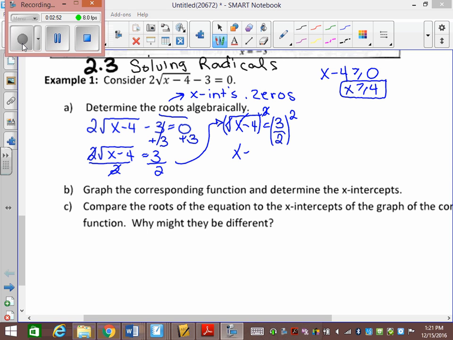So we get x minus 4 equals 9 over 4. And then we add 4. So you get x equals 9 over 4 plus 16 over 4, because you're going to have to get a common denominator. You're going to have to multiply this by 4 over 4. And then you can put them together. x equals 25 over 4.